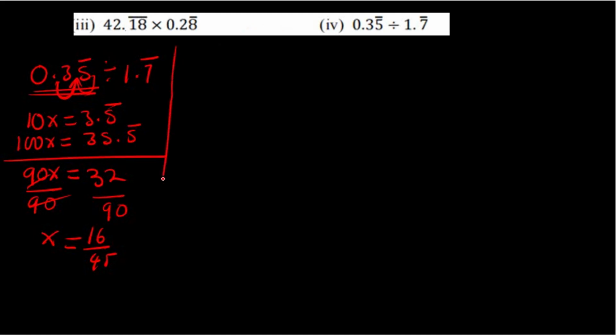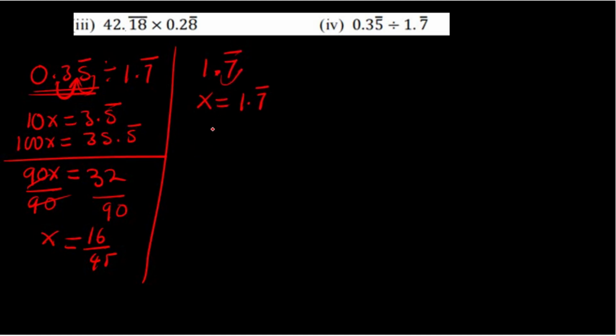Okay, now you go to the other one, which is 1.7, like that, right? So on the other one, which is 1.7, what do we do here? We check out the point. The point is in front of the number that is repeating. So x is equal to 1.7 repeating, like that.